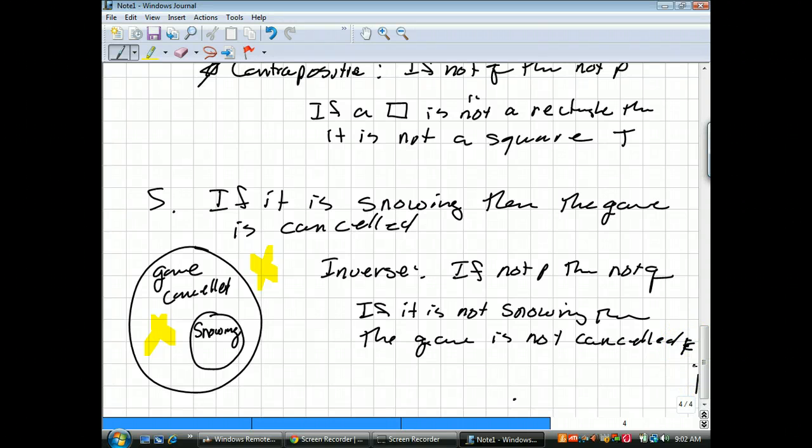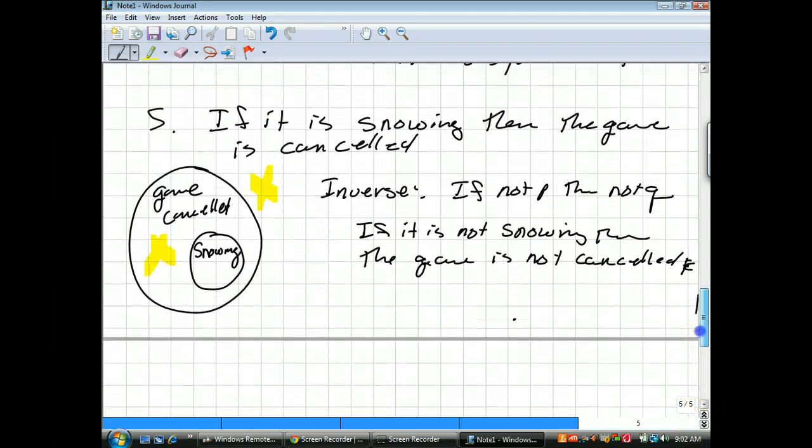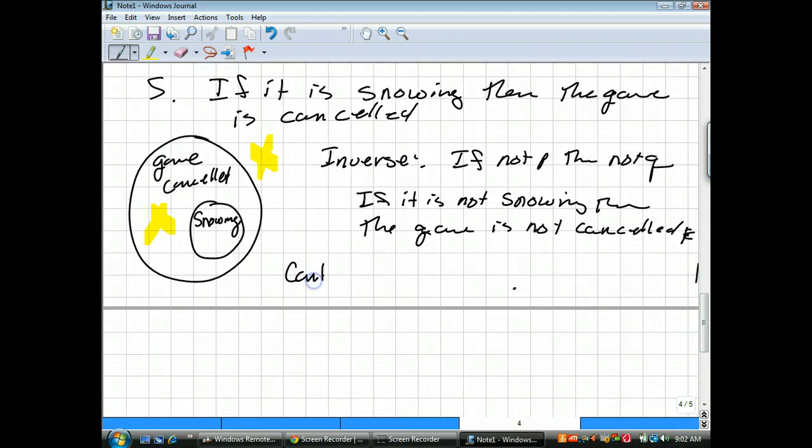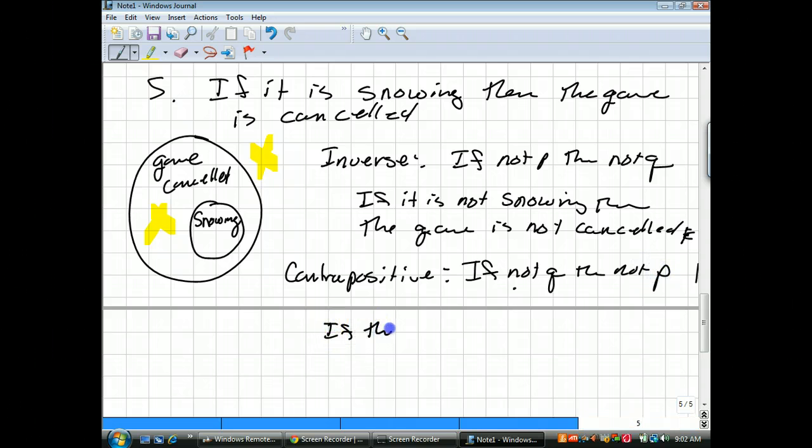Okay, now let's look at the contrapositive. Remember, the contrapositive is if not Q, then not P. So if the game is not canceled, then it is not snowing.